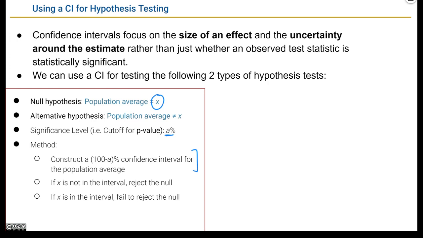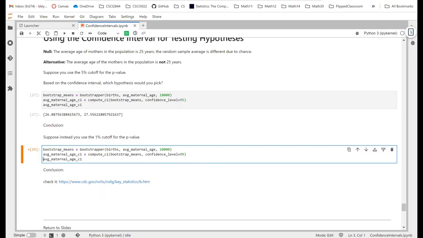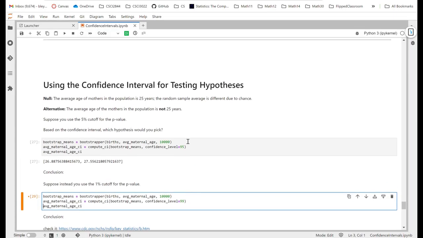Let's look at this for our example with the baby data. Suppose I wanted to test a null hypothesis that the average age of the mothers in the population is 25 and that the random sample average is different just due to chance. My alternative is that the average age of the mothers in the population is not 25. I'm going to use a 5% cutoff for the p-value.